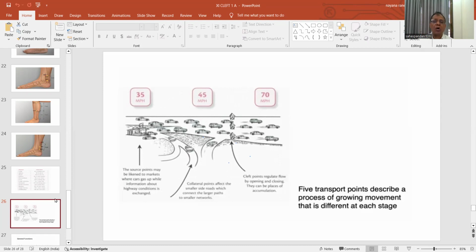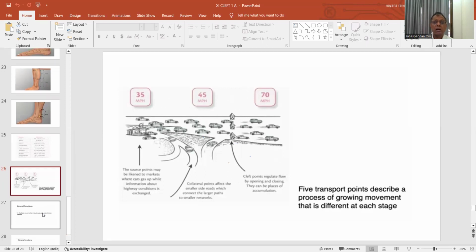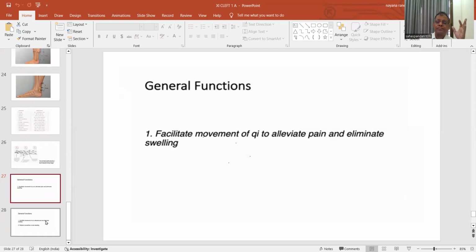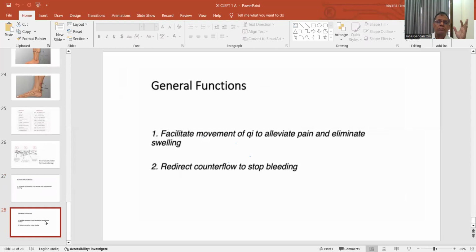So, the general functions of the point. Number one, it facilitates the movement of qi to ease pain and eliminate swelling. Number two, it redirects counterflow to stop bleeding.